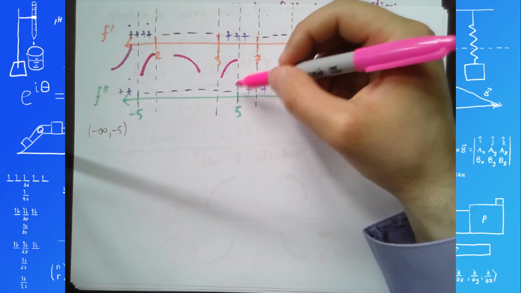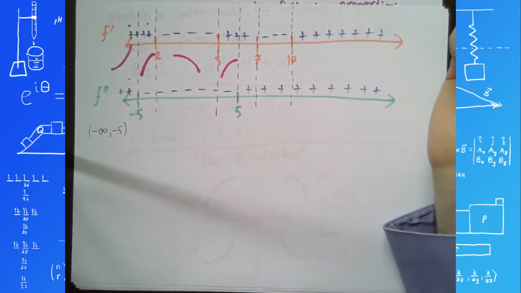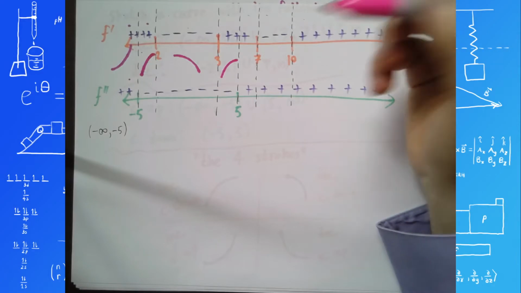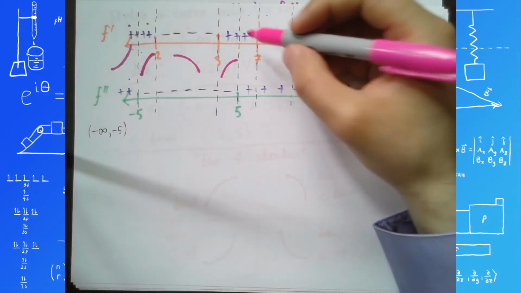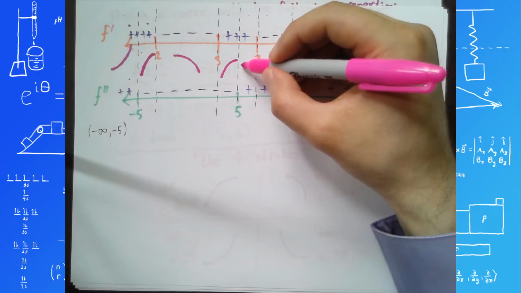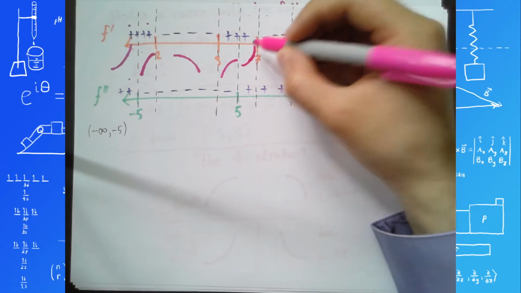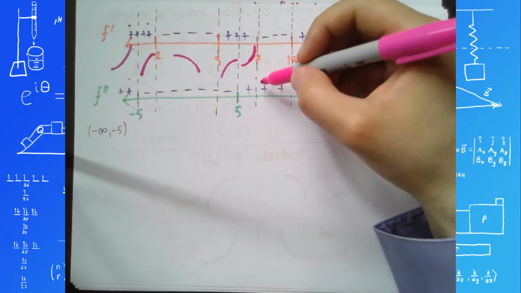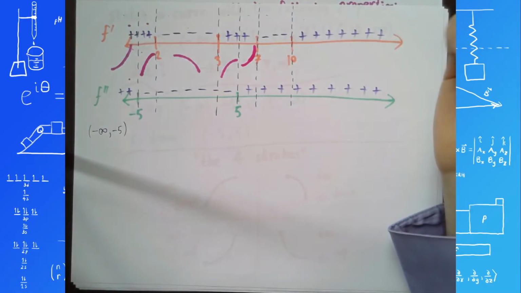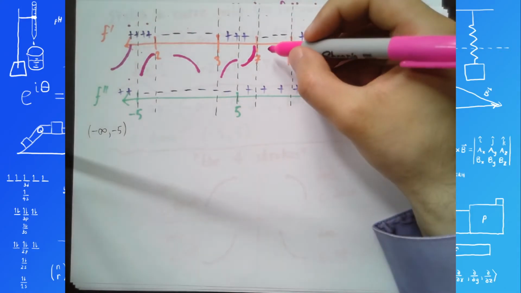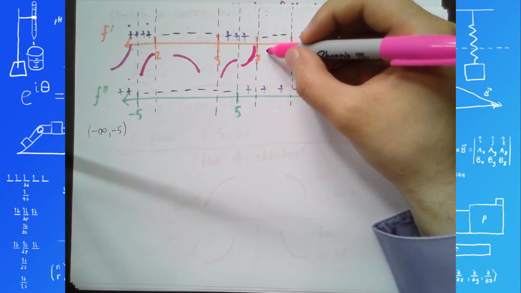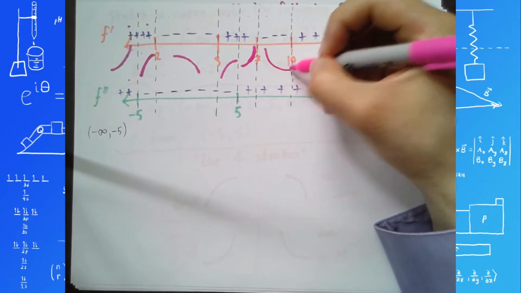Then we've got from 5 to 7. From 5 to 7, we've got increasing concave up. So that should look like that. From 7 to 10, we've got decreasing concave up. So that should look like this.